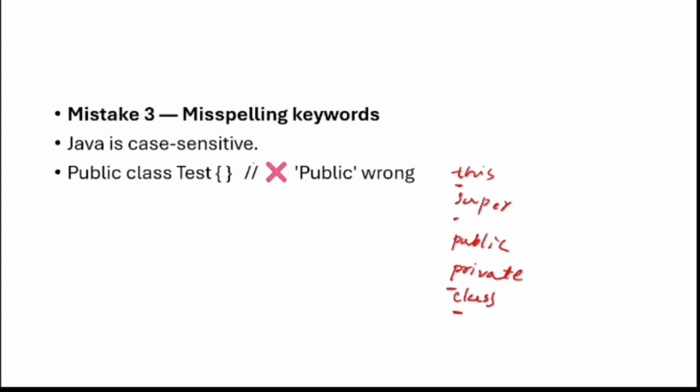But let us suppose you have mentioned capital P in public, then also you will get the syntax error. That means in Java, you need to mention the exact keyword. The keywords are case sensitive. You cannot use uppercase if it is lowercase.